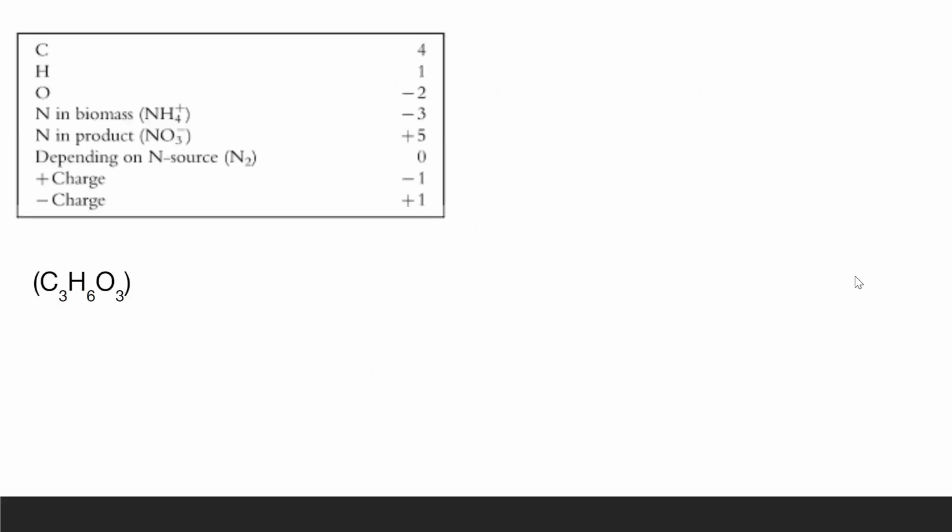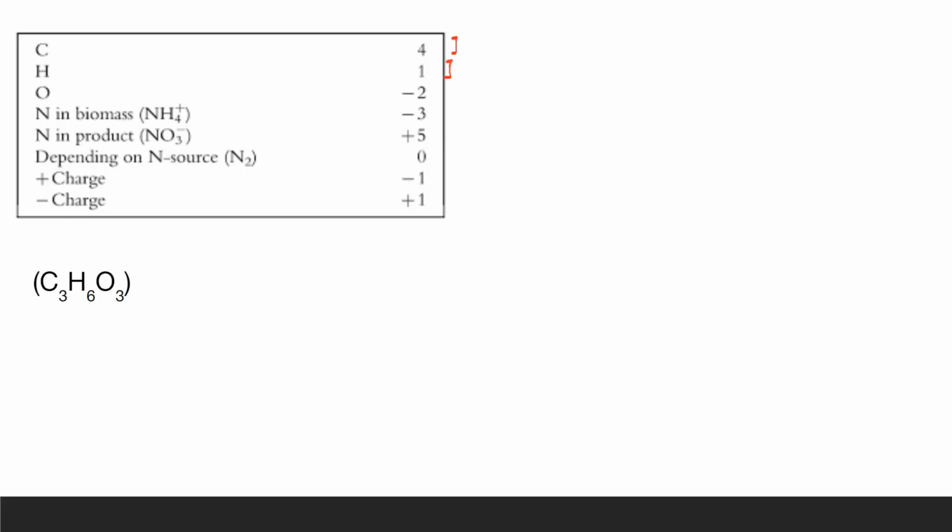As you can see here, for carbon itself it is 4. These are the available electrons, not the degree of reduction. These are the available electrons present for each atom commonly found in organic molecules. So for carbon, it is 4. For hydrogen, it is 1.